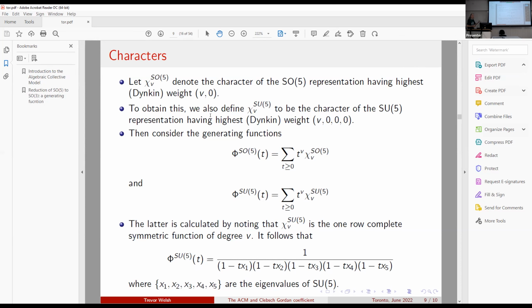So in all cases, you'll get a symmetric function. That's exactly what we want for this. And here, x1 up to x5 are the eigenvalues of SU5. Now for SU5, the product of these is going to be 1, but that doesn't concern us. It comes out in the wash later on.